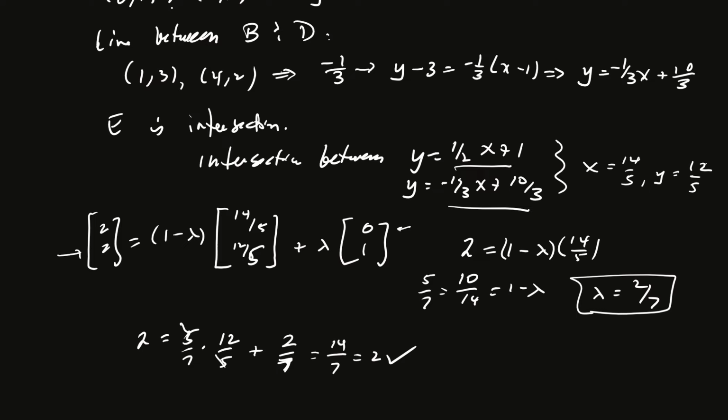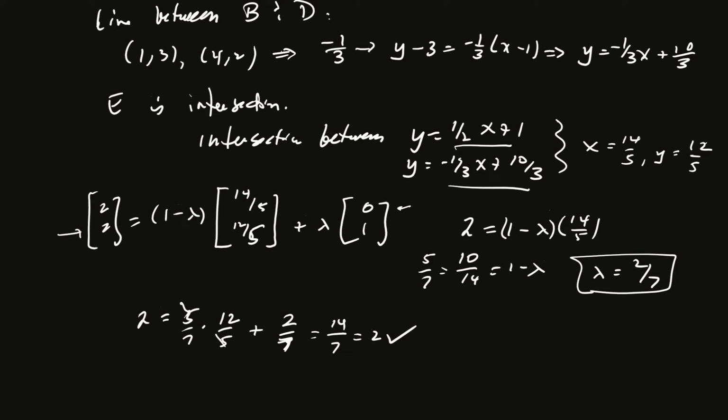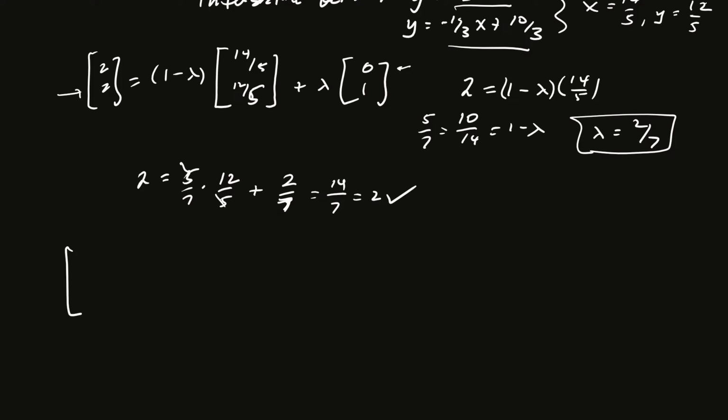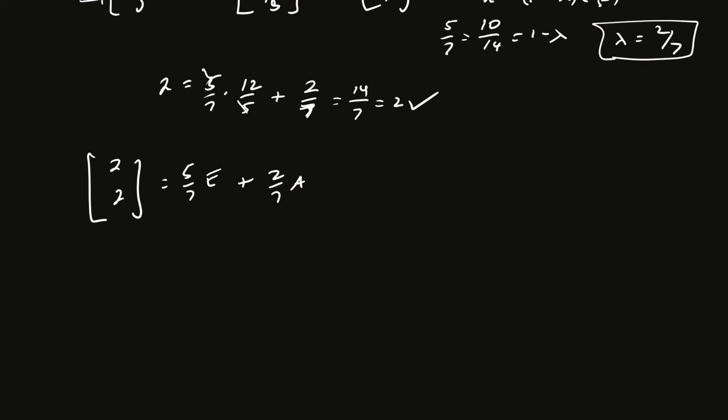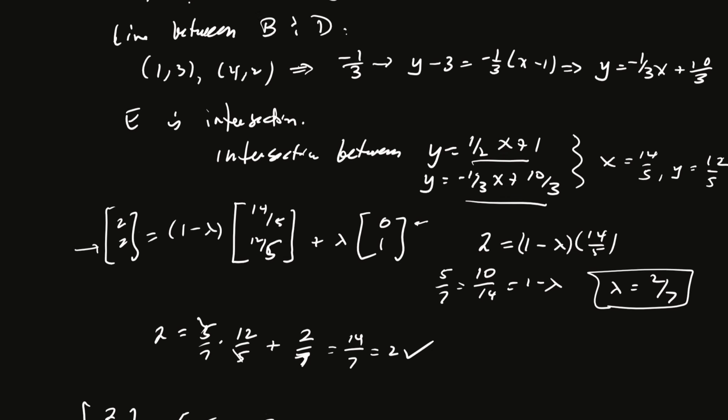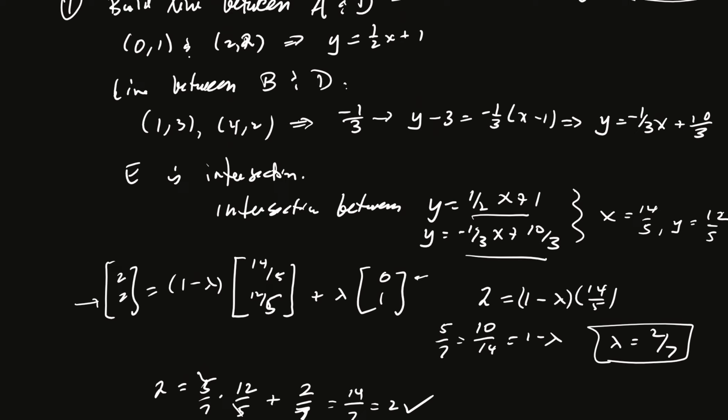Good. So what we have just shown is that 2 is equal to 5/7 times E plus 2/7 times A. And then E itself was where?